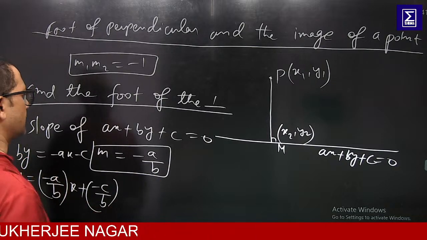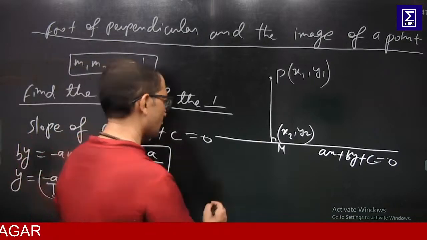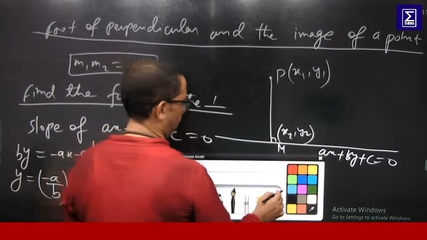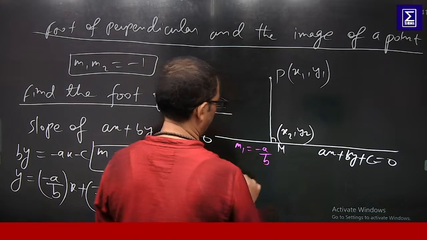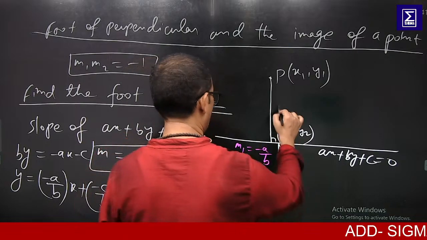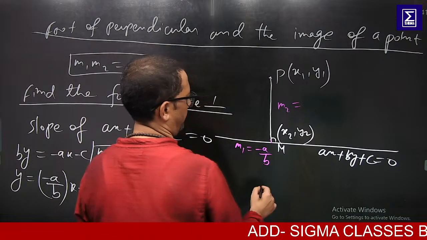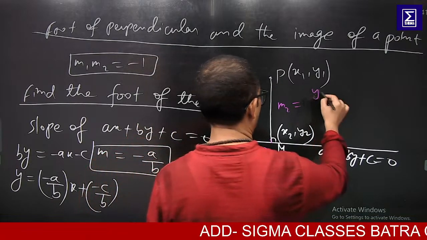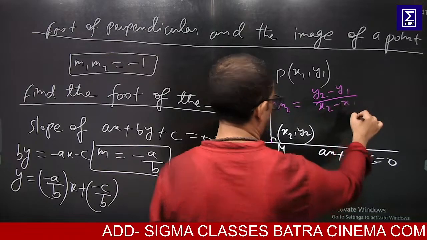So minus a over b is the slope. So let slope of this m1 is equal to minus a over b. In a similar way we have to find the slope of this, m2, of these 2 points P and M. So it would be y2 minus y1 upon x2 minus x1.